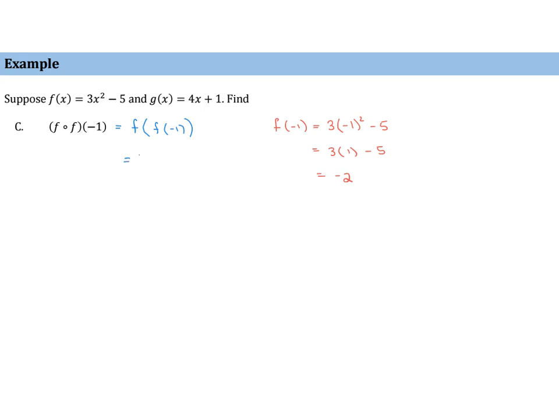So f of negative 2 will be what we're going to find next. So f of negative 2 is 3 times that input squared minus 5.